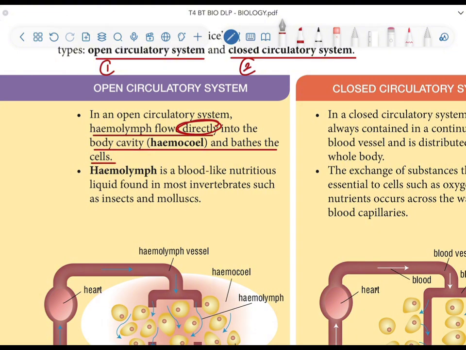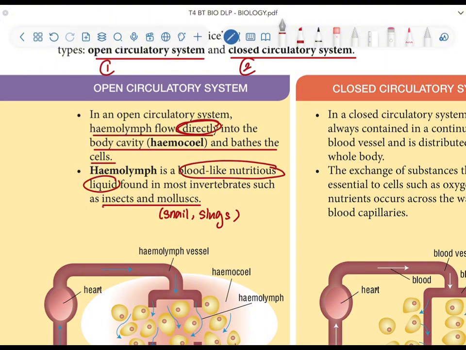For your information, hemolymph is a blood-like nutritious liquid found in most invertebrates such as insects and mollusks. Examples of mollusca include snails and slugs, animals with hard shells.